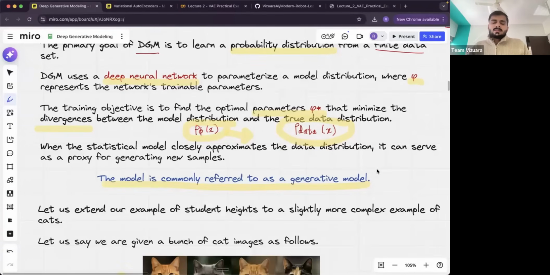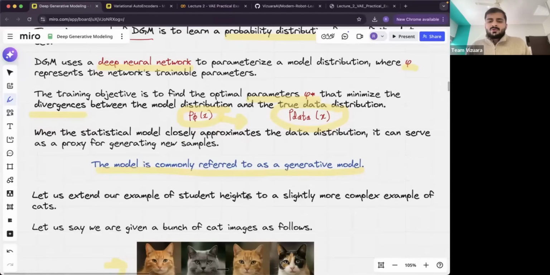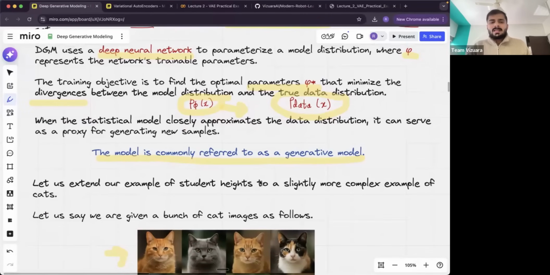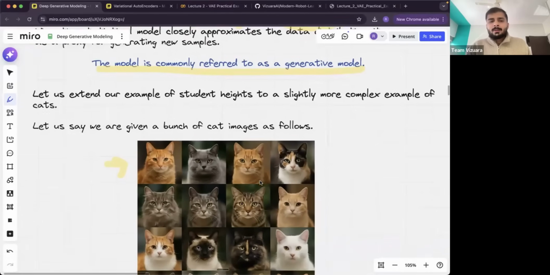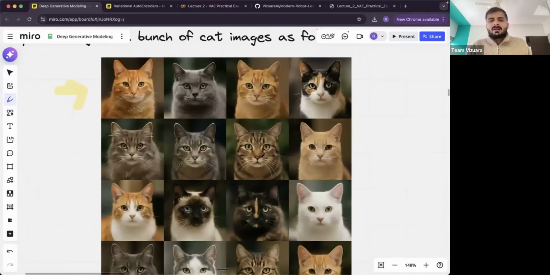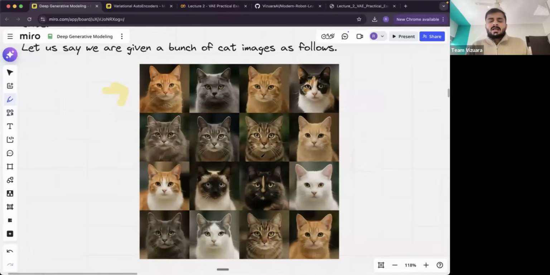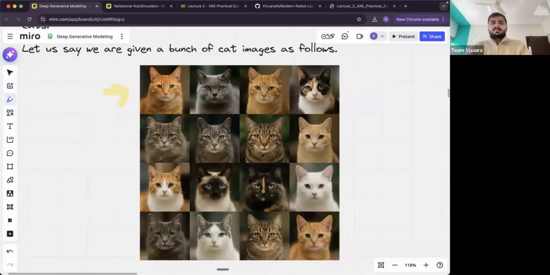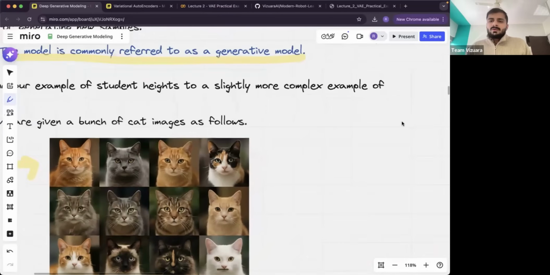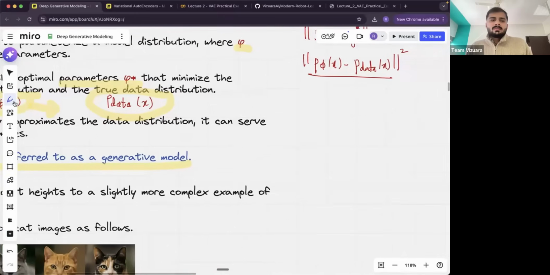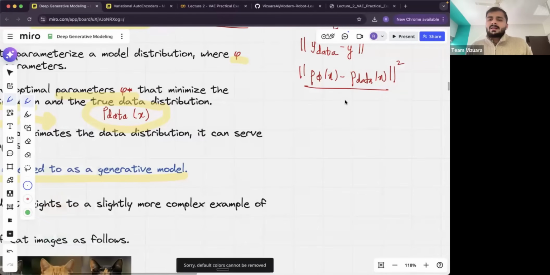Okay, so now what we'll do is we will extend our example of students' heights to a slightly more complex example where we are considering cats. So now let us say that we are given a bunch of cat images as follows. The task is we want to learn a probability distribution that matches this true probability distribution as much as possible. The biggest problem with this kind of formulation is you do not know P data.